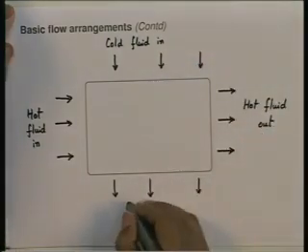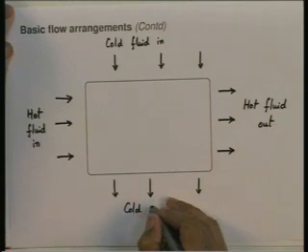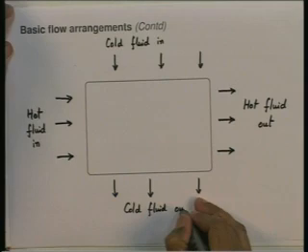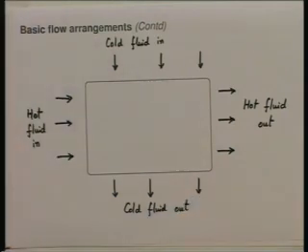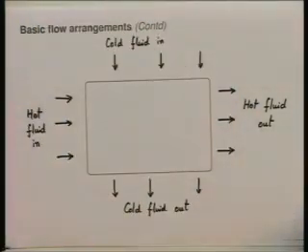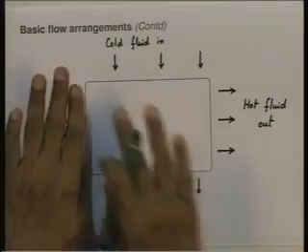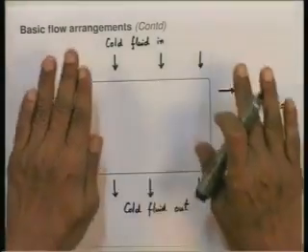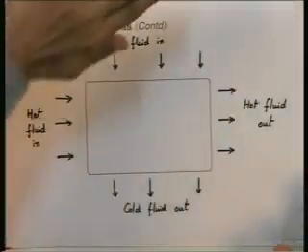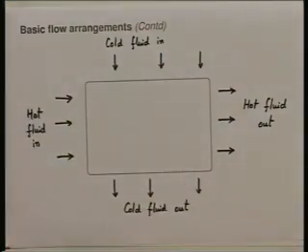So, we say this is cold fluid out. Now, this is a cross flow arrangement in which the two fluids are flowing at right angles to each other. In this case, this is the heat transfer surface, which is the plane of this paper. One fluid is flowing maybe in front of this paper, one fluid is flowing at the back of this paper.